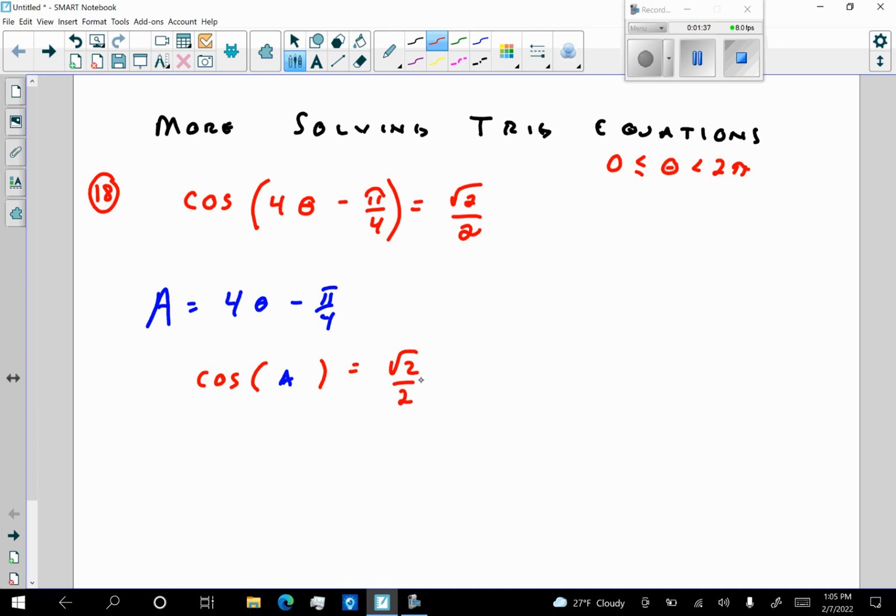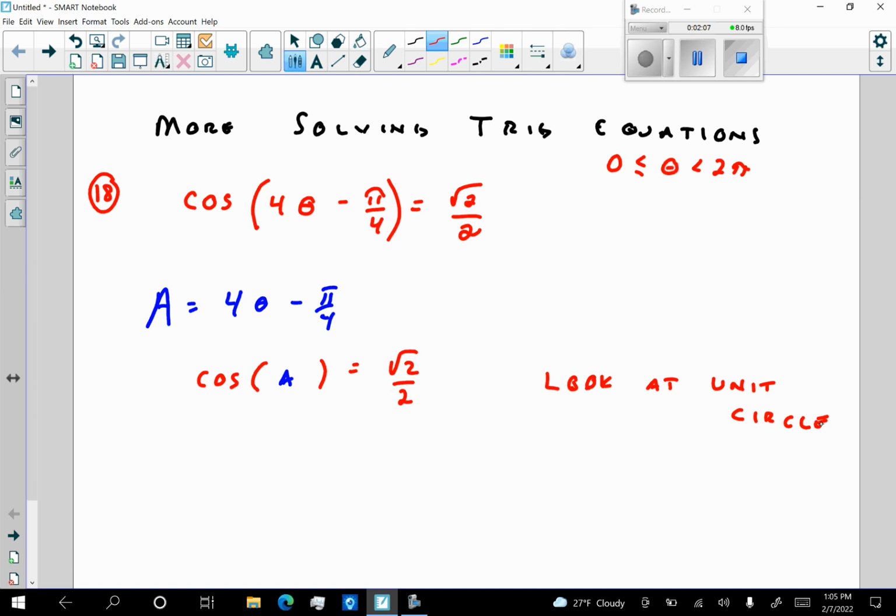Bobby Joe, can you tell me the next step? Yes, you are correct, Bobby Joe. We're going to look at the unit circle, and we're going to determine the A values such that the cosine of A is square root of 2 over 2.